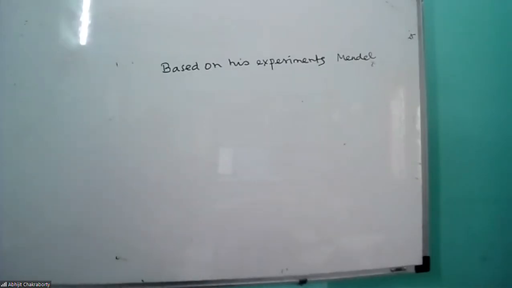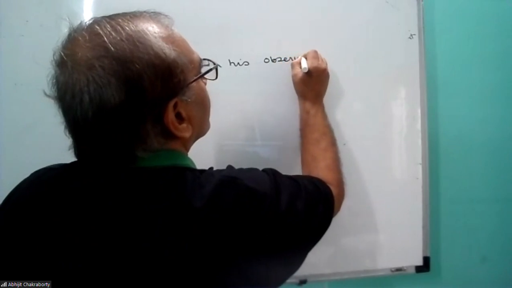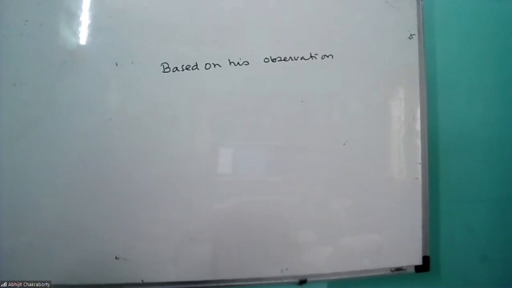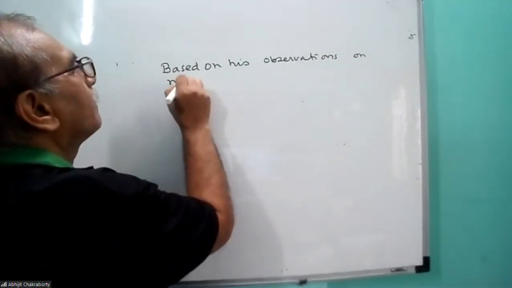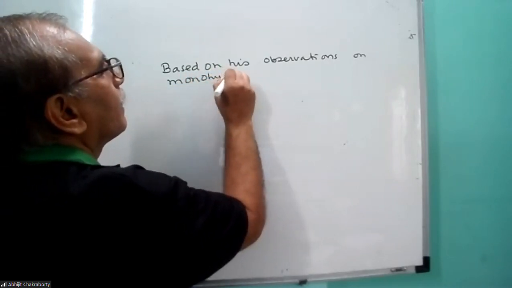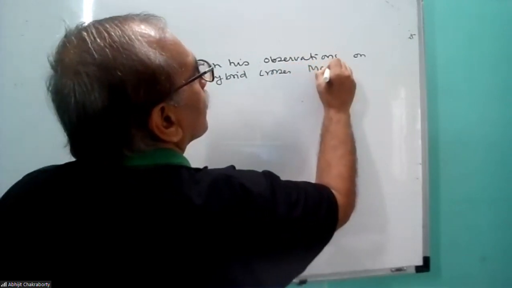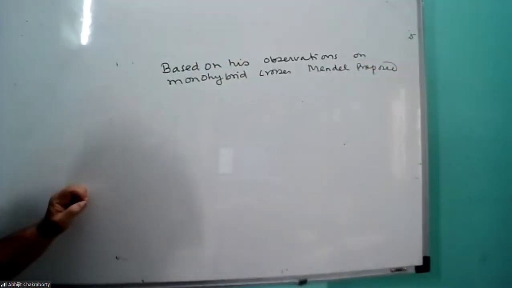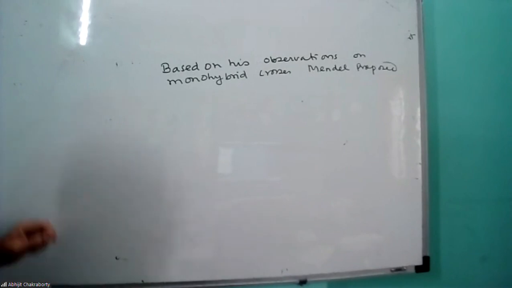Based on his experiments, or based on his observation on monohybrid crosses, Mendel proposed two laws.